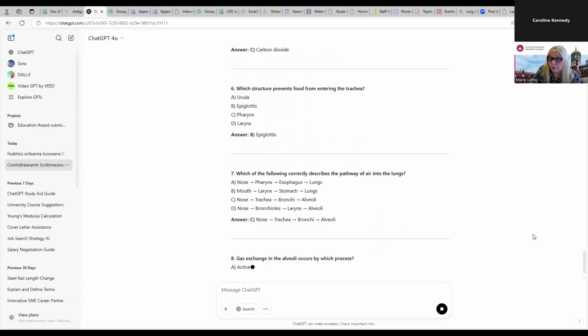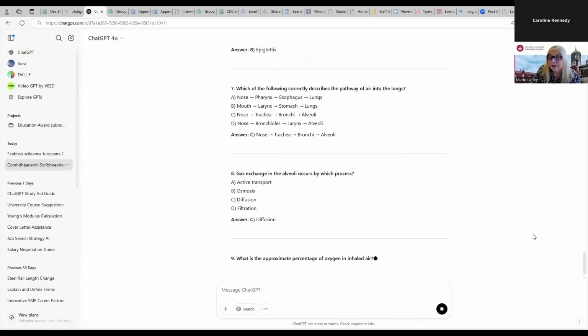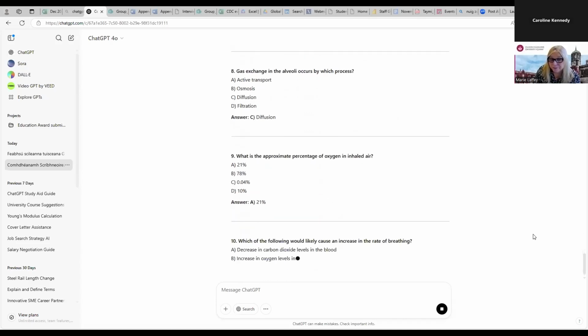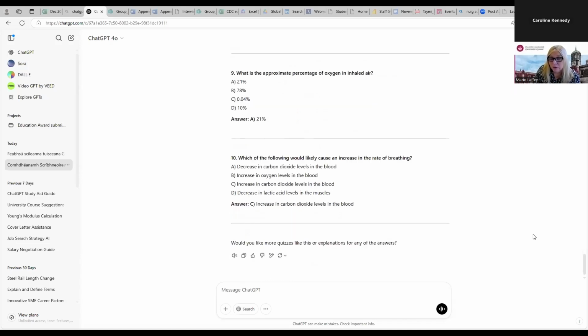So again, very, very quickly. And then we said specifically a higher level biology paper. And we'll let it go there to the end. Any more quizzes you want, you can copy that out into a document, or you can output the quiz into a document and use that as part of your revision. So we'll go again, we'll share our screen.